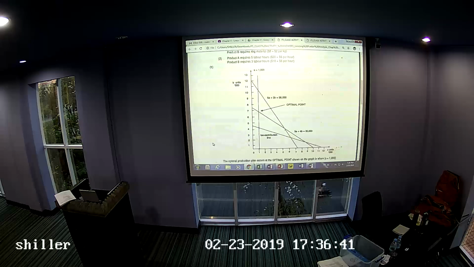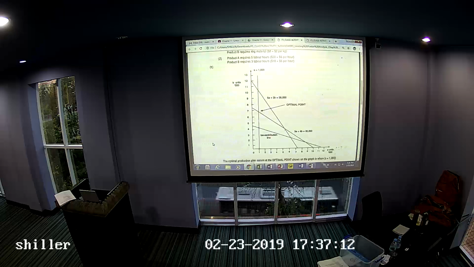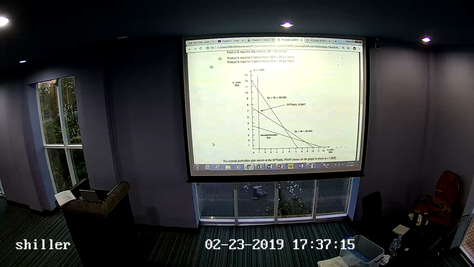How did we get the line? How do you think they plotted it? If A is 0, what is B? Calculate. If A is 0, B would be 30,000 divided by 4, which is 7,500. Do you understand?